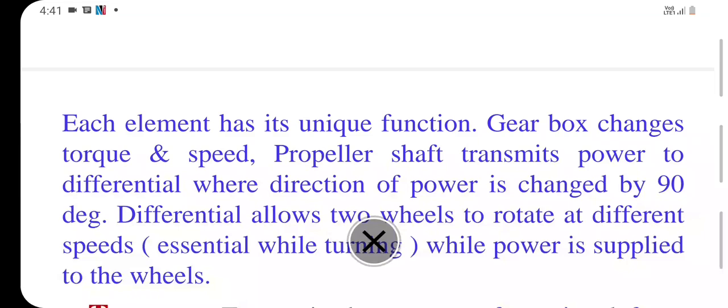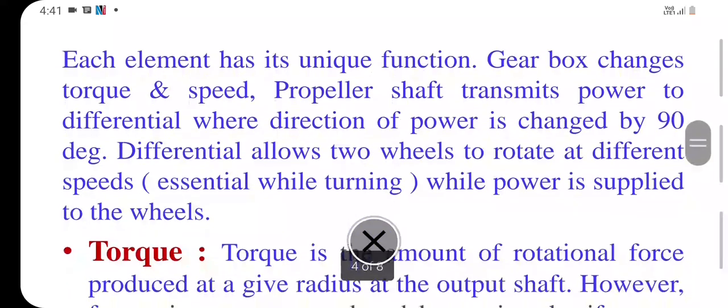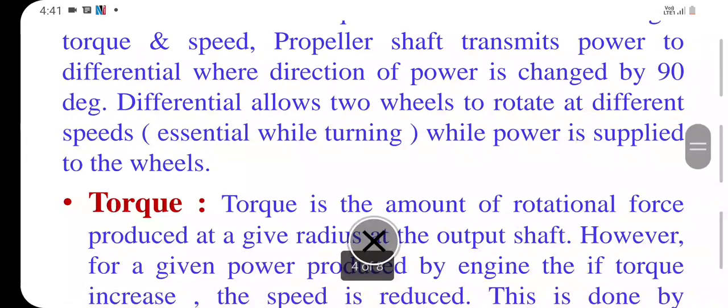The gearbox changes the torque and speed. The propeller shaft transmits the power from the engine through the clutch to the wheels. The differential allows two wheels to rotate at different speeds, essential while turning, while power is supplied to the wheels.